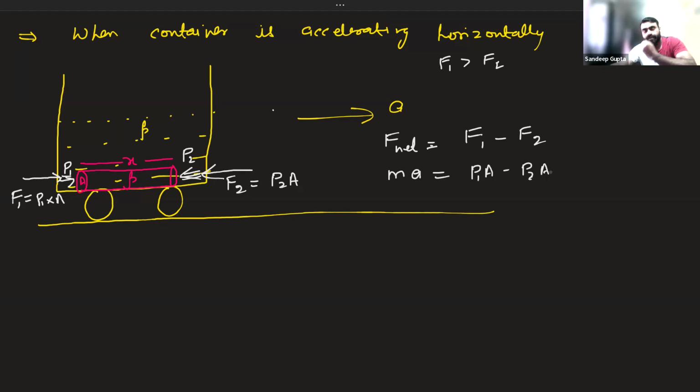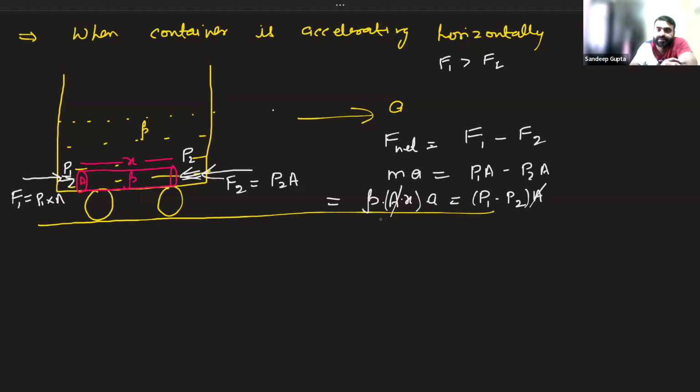Now mass I can write as density into volume. Volume I can write area into x, that is length. This is volume, into a is equal to (P1 minus P2) into A.